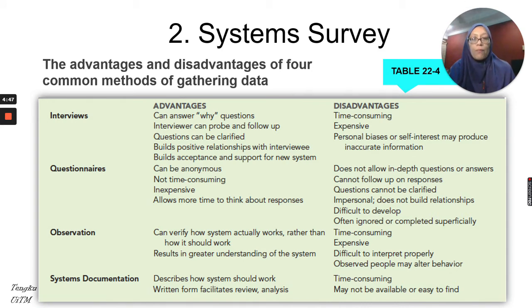These are the 4 methods commonly used: interviews, questionnaires, observations and system documentation. You can go through table 22.4, where they list down all the advantages and disadvantages for each of the methods. Normally whether they use interview, questionnaire, observation or system documentation depends on the company situation.